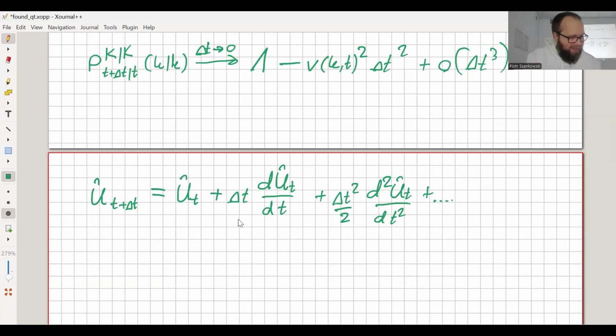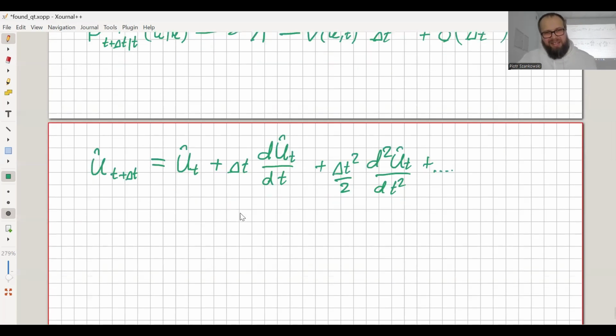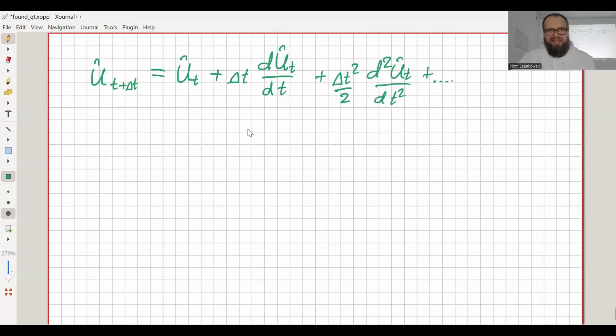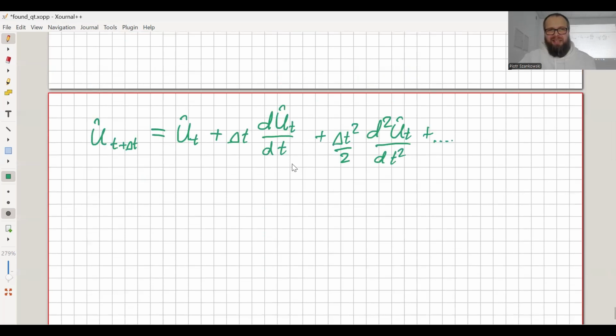But one technique I want to bring up here is the following mathematical trick, keeping in mind this regularity of U_t. So consider the following expression.